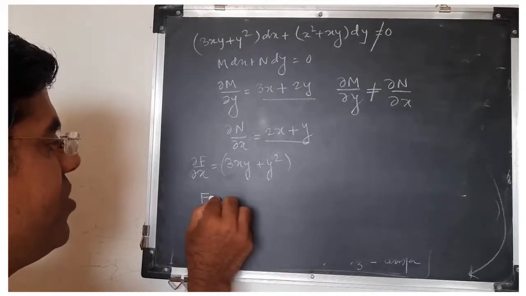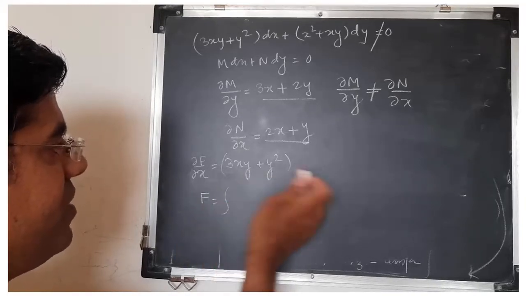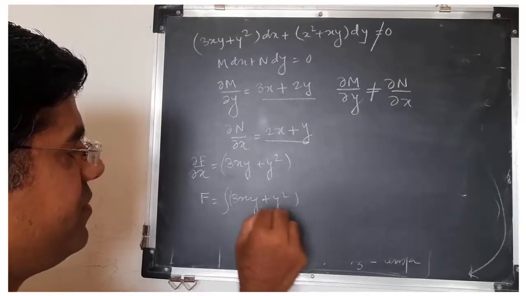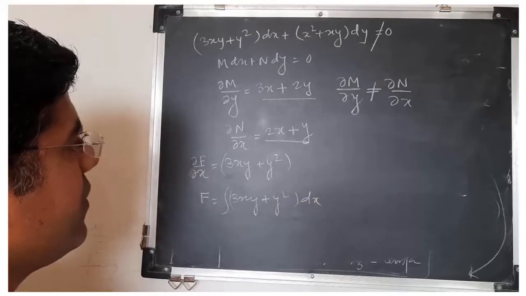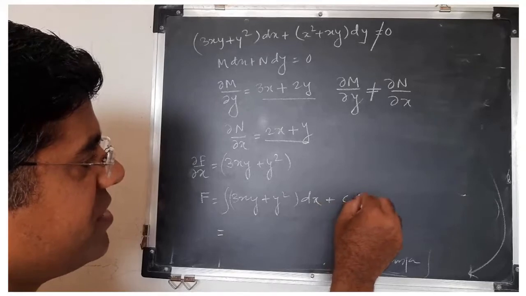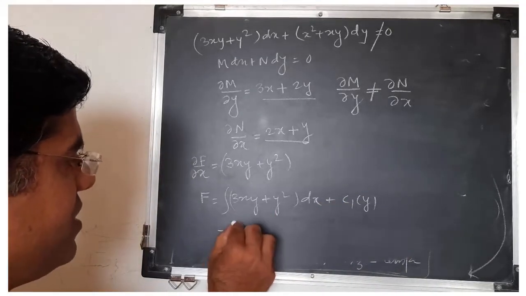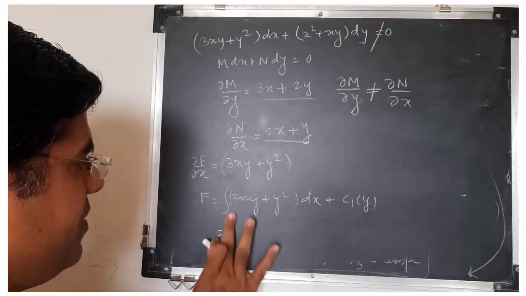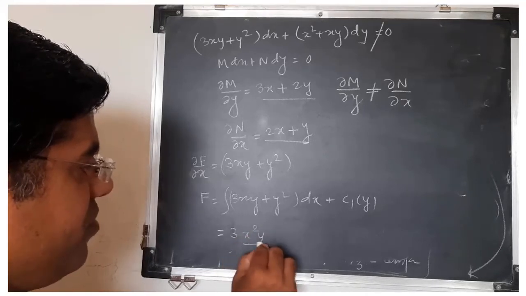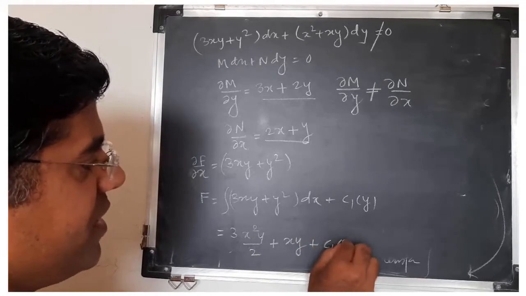So f is equal to the integral of (3xy plus y square) dx, and you will get here plus a constant of integration c1, which is a function of y only. So this is nothing but 3x square y by 2, I will directly write here, plus xy square, plus c1 of y.